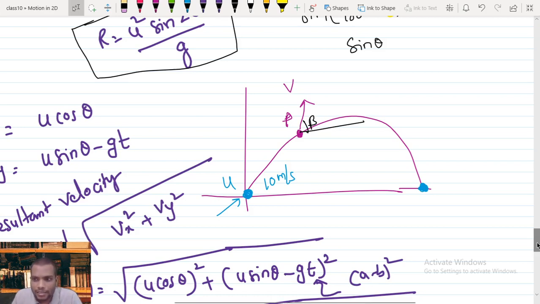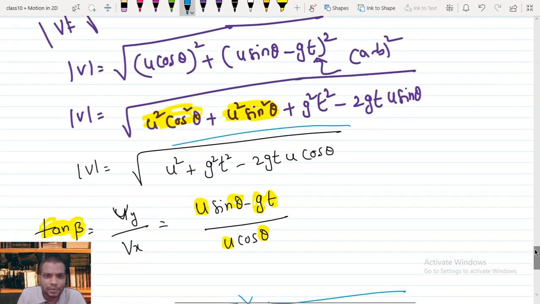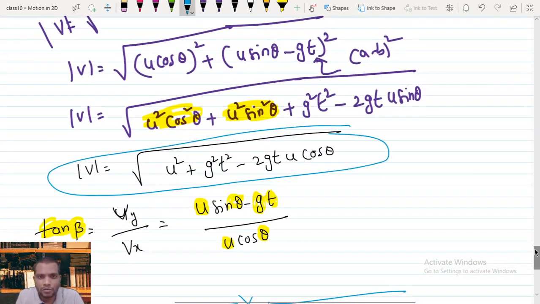Since we know the velocity expression of the projectile, we already know that. In this one, u is the initial velocity, g is acceleration due to gravity, and t is the time of flight.